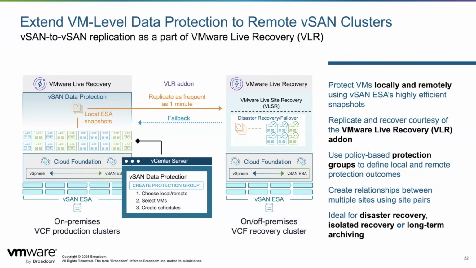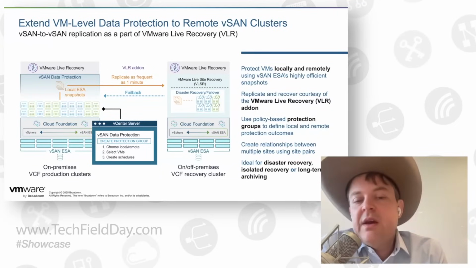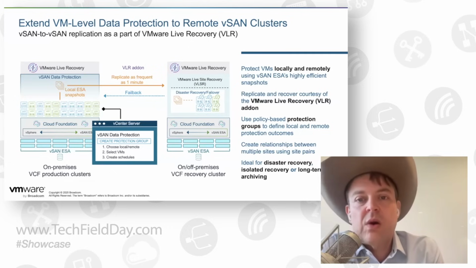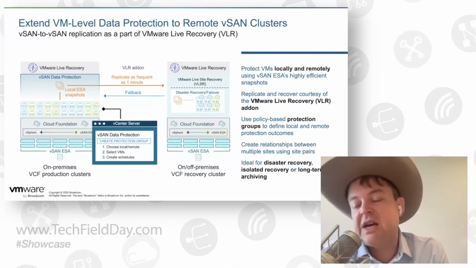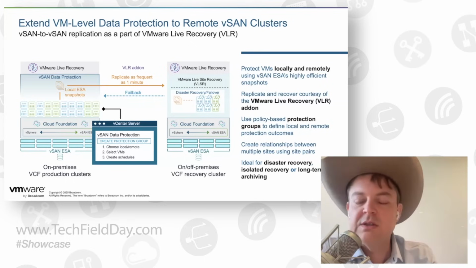This also helps give us some additional protection, not only from traditional disasters, but also things like ransomware. Remember that additional cluster you're replicating to can be in a separate SSO domain, separate authentication environment, and so forth. To help simplify this deployment, the OVA that's used for vSAN data protection, vSphere replication, and VMware Live Recovery is actually all one appliance now. We've deduped the appliance, so to speak, to where you now have one appliance serving those multiple functions.